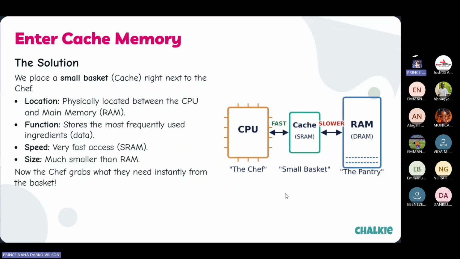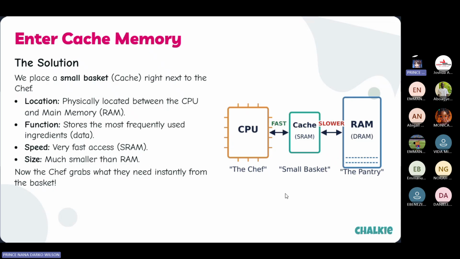So the basket will now be a connection between who? Your chef and your pantry, or in this case, who is the person? Your assistant, right? So it serves as an intermediary, and its function is that it stores the most frequently used ingredients. That's data.